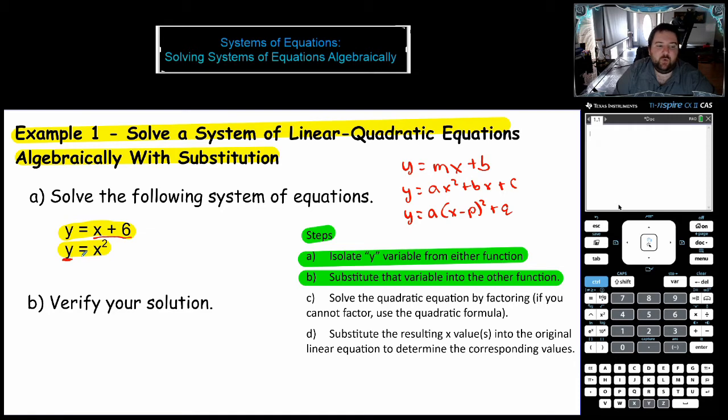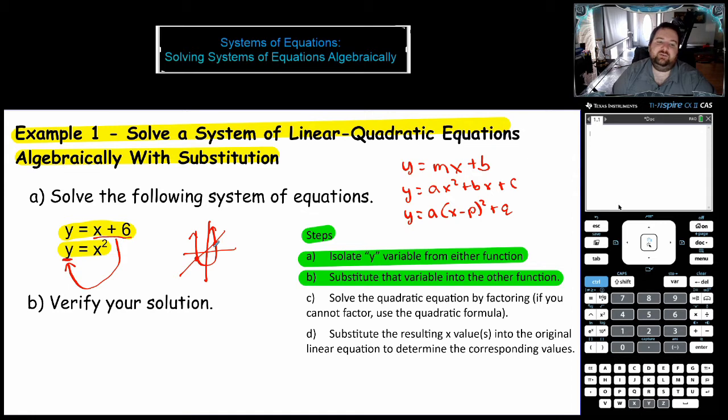Now notice we have a y in our quadratic equation. What substitution means is we're going to take what y is equal to in the first one, and because there's a y here, we're going to substitute it. When we're looking at graphing them, and this is what we did last lesson, there's going to be 1, 2, or 0 points of intersection, right?